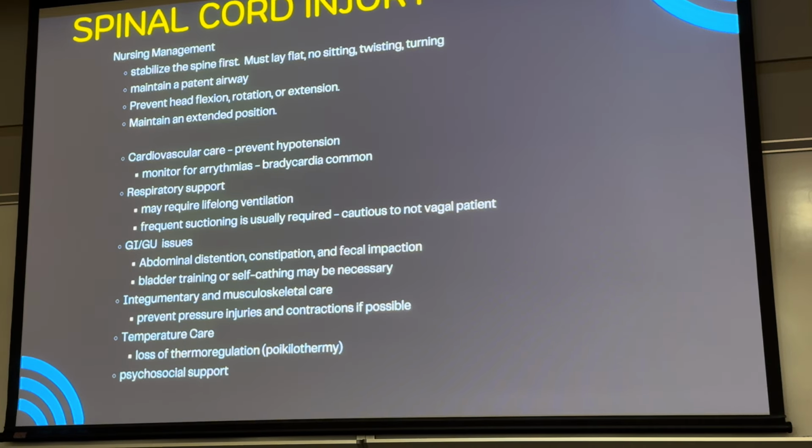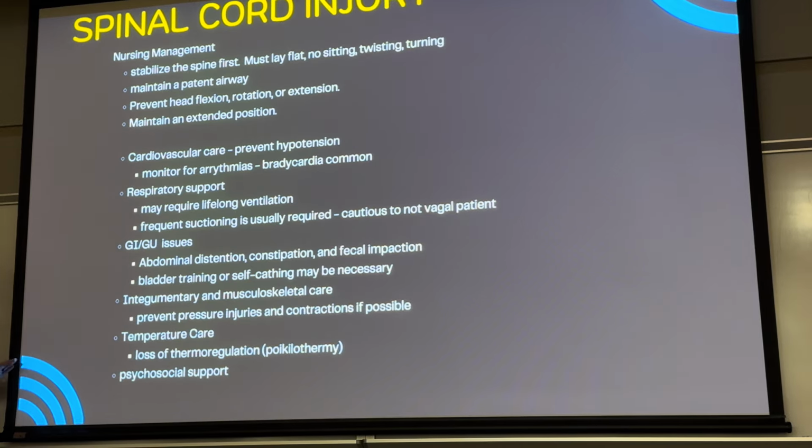Hopefully that decreases the chances of constipation, fecal impaction, and an overextended bladder where they haven't been able to eliminate. Some of this may not be possible depending on the level and severity of the injury, so frequent cathing may be involved with this as well.